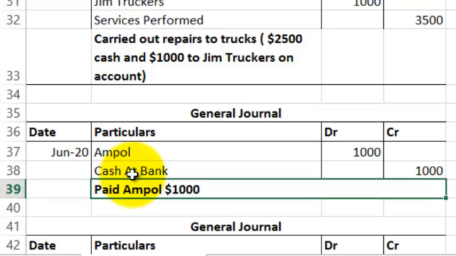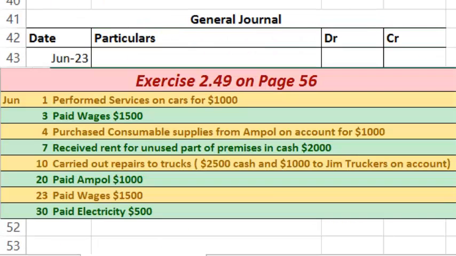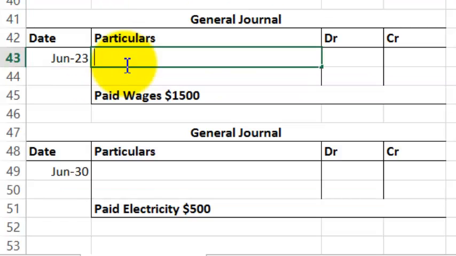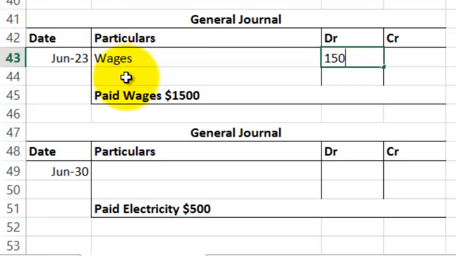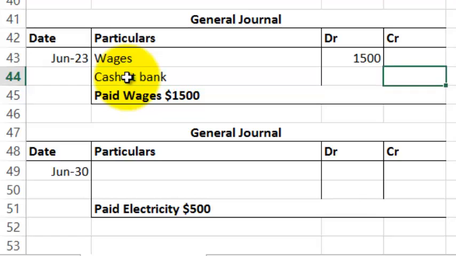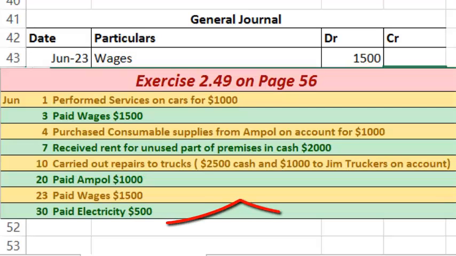Got a few more entries down here. We paid some more wages. That's the same as before, so that's not going to be difficult, so I'm going to scoot through that one. We paid cash for it, obviously. There we are. And at the end of the month, we paid our electricity bill.